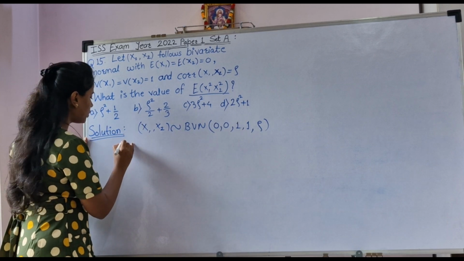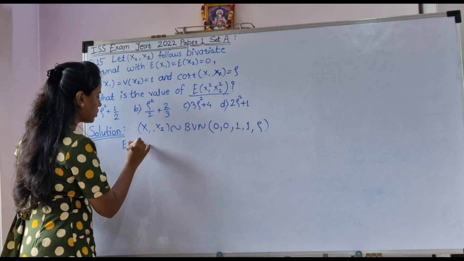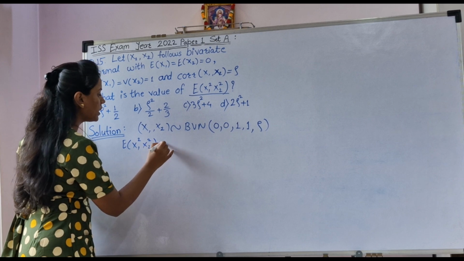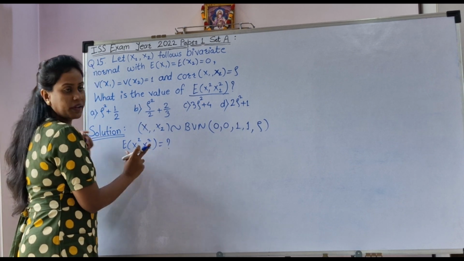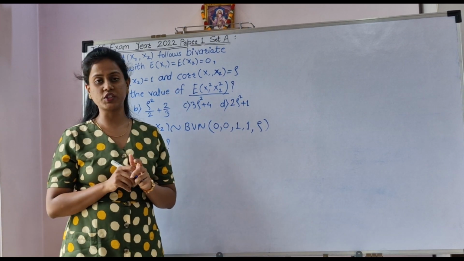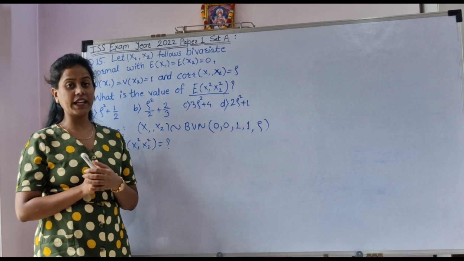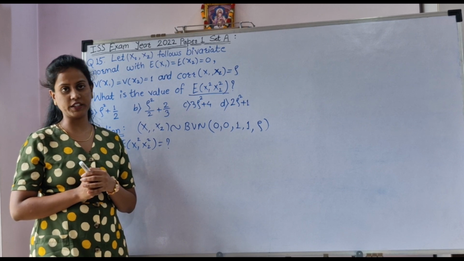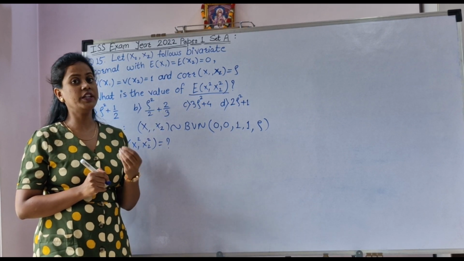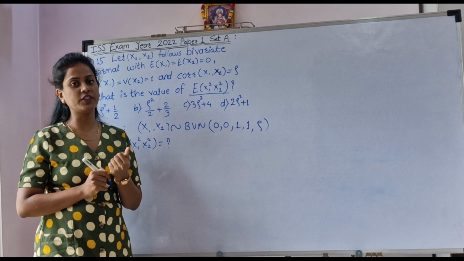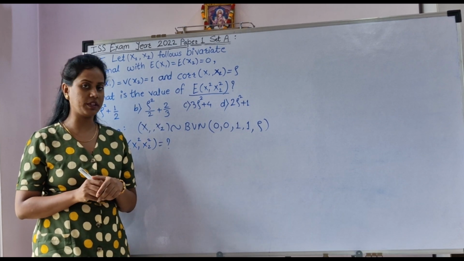What we want to find out is the expectation of X1 square X2 square, the product moment for the bivariate normal distribution. How to do that? Here we will take help of the moment generating function. But for that we need to know the moment generating function of a bivariate normal distribution.